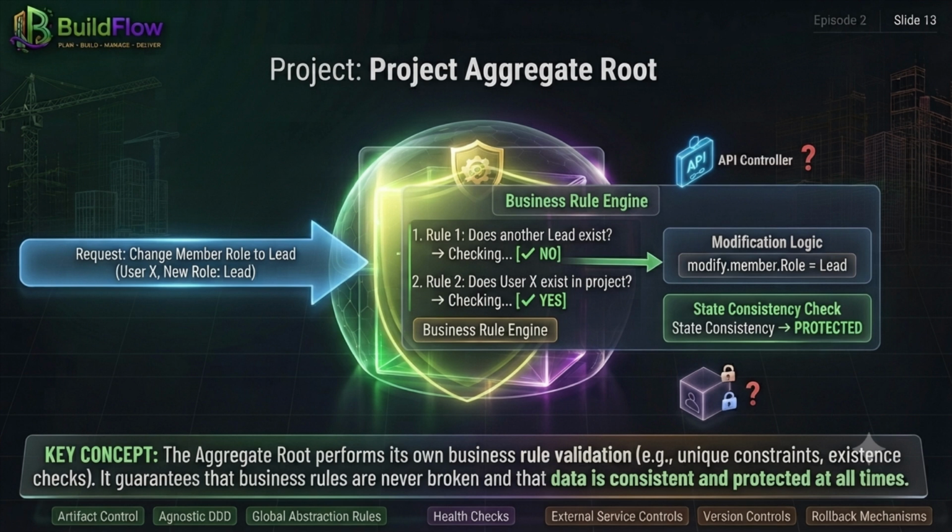And if the conditions are valid, it modifies the value itself to protect the data. This is why the aggregate root is so important. It ensures that business rules are never broken and that your data is consistent and protected at all times.